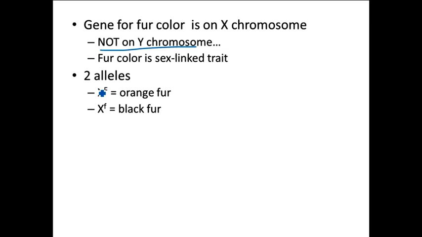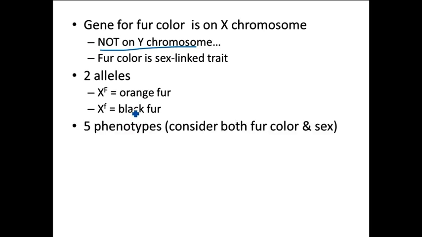In this case, the dominant allele is orange fur, which I've represented with a big F. I chose F because you can easily tell the difference between an uppercase F and a lowercase f, whereas if I picked O, which might be the obvious example because we usually pick a letter to represent the dominant allele, it's really hard to tell whether you're writing an uppercase or a lowercase. So X superscript F, big F, is orange fur, and X superscript little f is black fur.